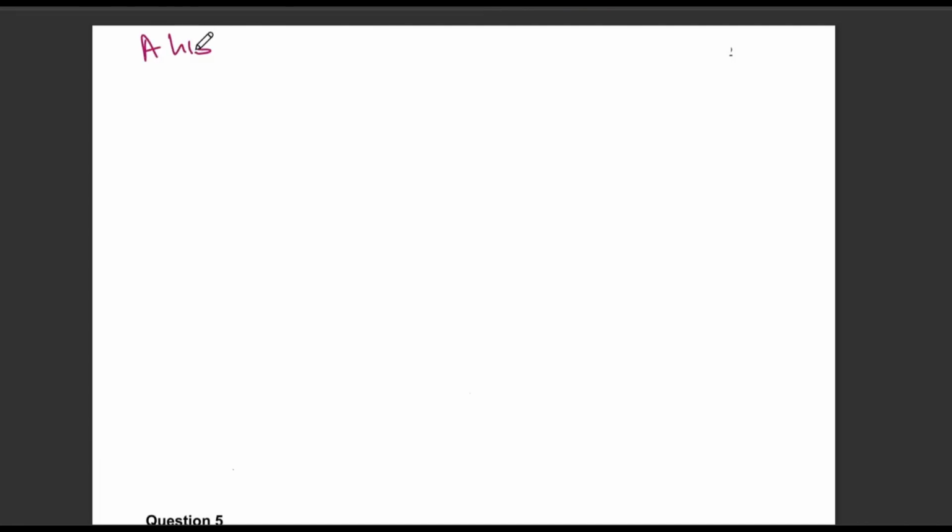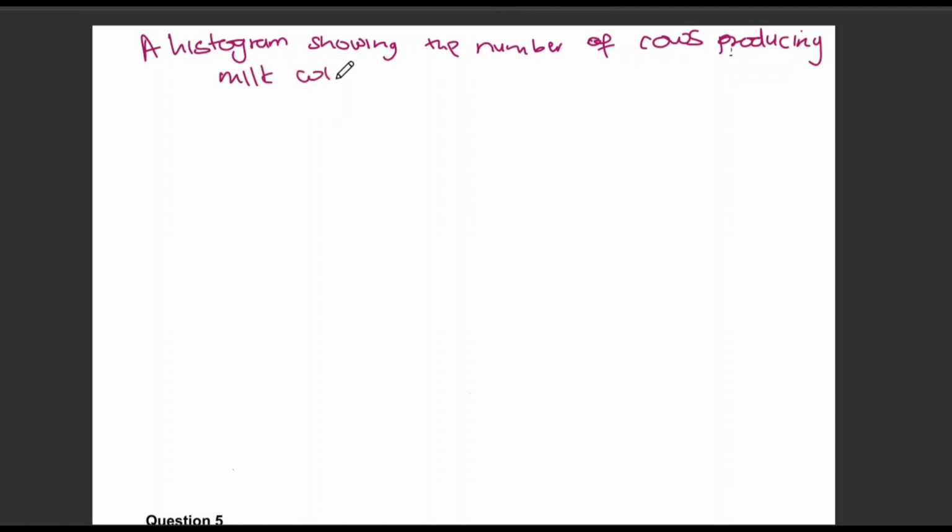A histogram showing the number of cows producing milk with different fat content. Now, whether you include the percentage sign or not, it doesn't matter. But your caption should be able to give us information about both variables and what the graph is about.